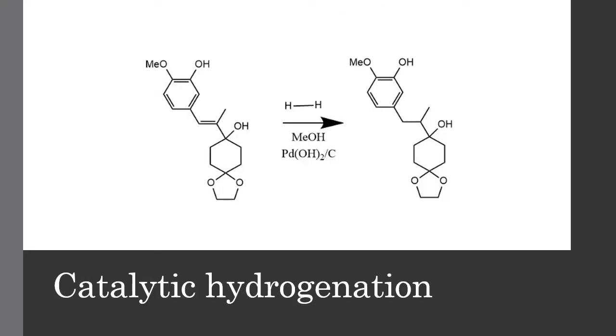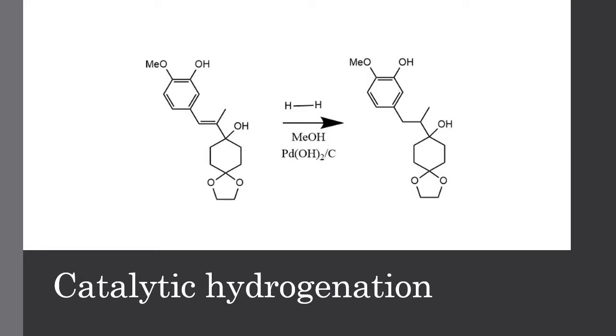Next, we have catalytic hydrogenation, which is when hydrogens are adding across the alkene to get rid of the double bond. So if you remember, the metal catalyst is actually going to be in a solid phase, and the catalysis happens on the surface of the metal. So the hydrogen, the H2, is going to adsorb onto the surface of the metal, and the H-H bond will break.